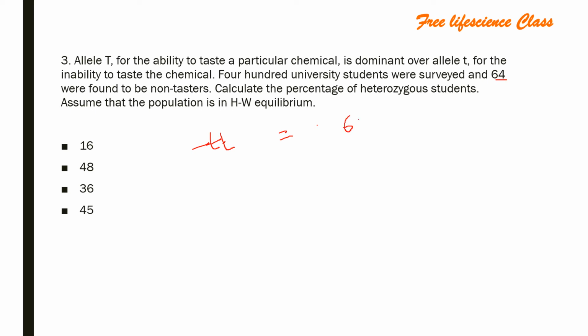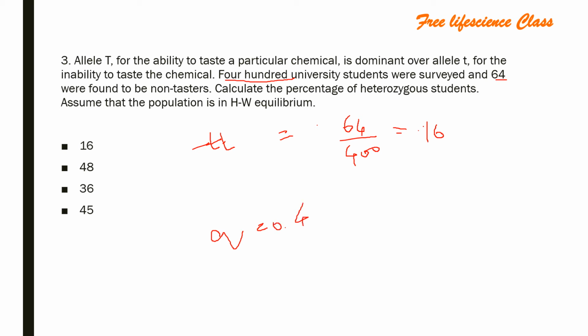So 64 divided by the total number of students. Here it is given 400 students are there, so divided by 400, we get 0.16. So now we got q square, and from that we have to calculate q. The root of 0.16 is equal to 0.4.